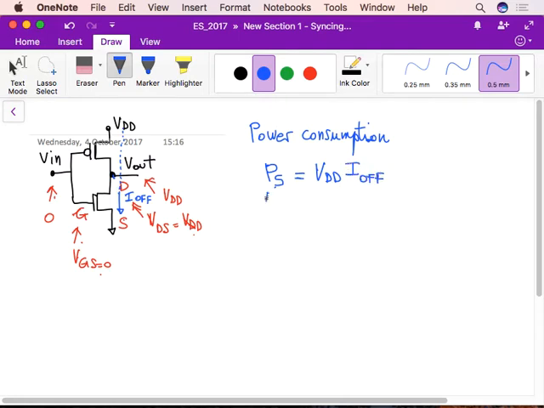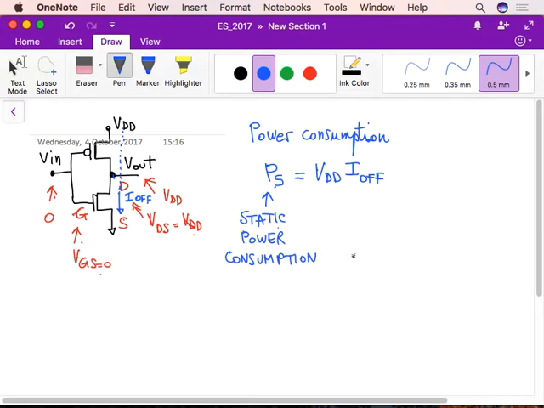This is called static power consumption, because it's the power consumption that we have when there is no switch of the logic gate. The logic gate is simply conserving the state. We have an input that is 0, the output is high, there's an off current that goes through the transistors, and the power consumption is proportional to the off current.